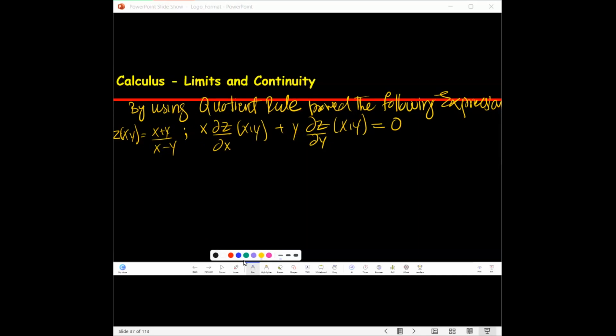so we can apply the quotient rule, which is considered a shortcut for doing these kinds of partial derivatives. I need to find the derivative with respect to x.